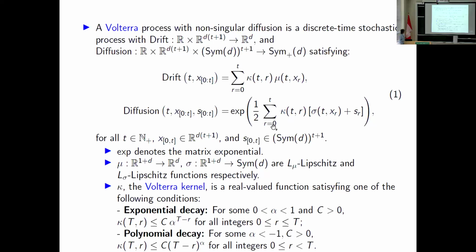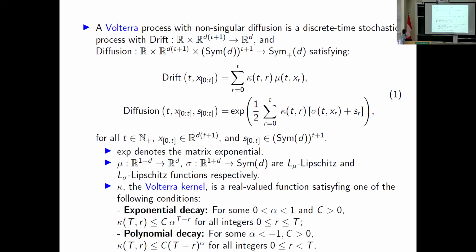What is a Volterra kernel? It is a real valued function, for which, in our case, we were able to provide a theoretical result if we assume either an exponential decay for the kernel or a polynomial decay. So this is our basic assumption that we are going to work with.